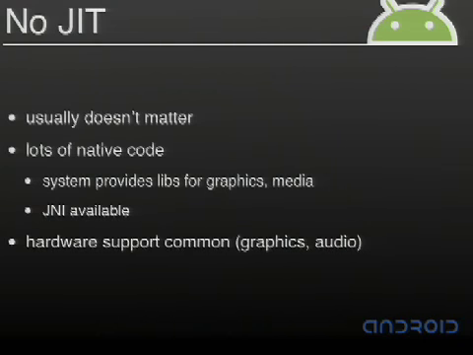So the interpreter performance or the high-level language performance really doesn't come into play for at least a large class of things that you'll be doing a lot of the time. And if you're a platform developer as opposed to an app developer, you can always add new functionality that you need via JNI.